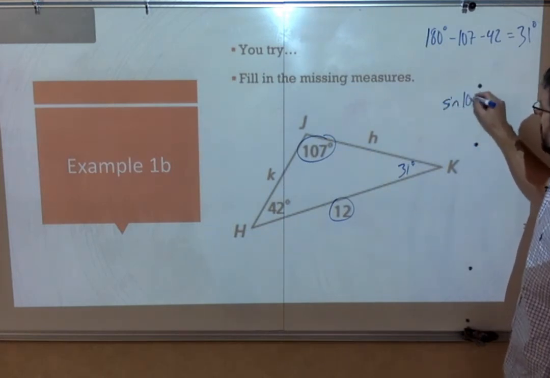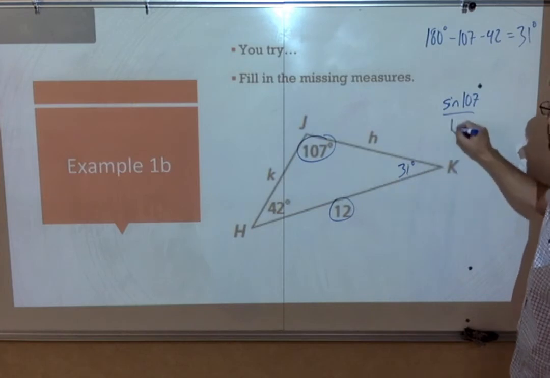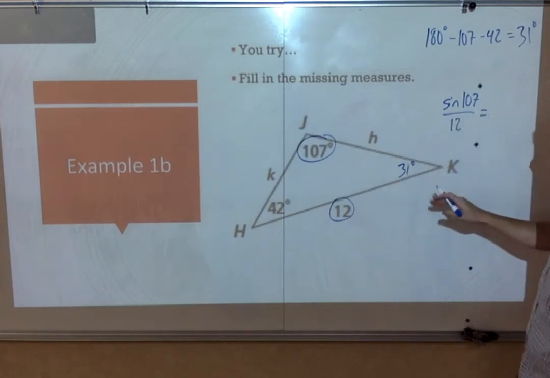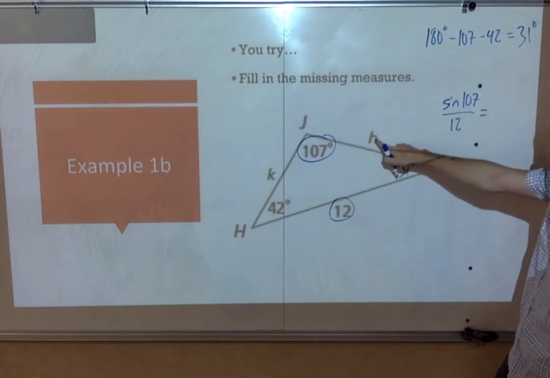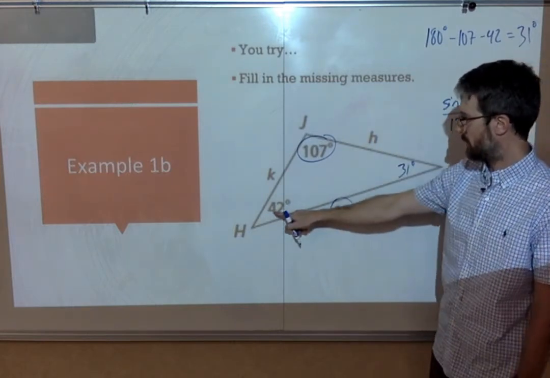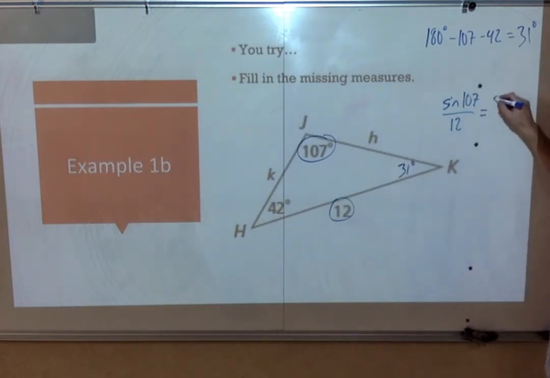Sine of 107 over 12 is equal to, we'll go with H, just because it's alphabetical. So angle H over H. Sine of 42 over H. Cross multiply, H times sine of 107 is equal to, am I running out of room? 12 sine of 42.